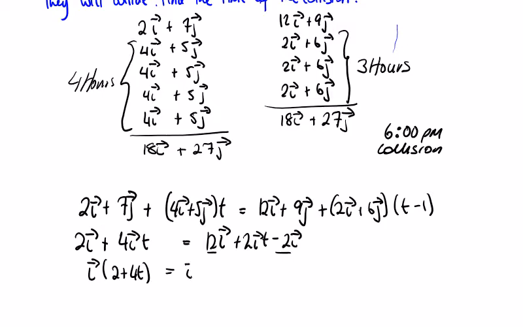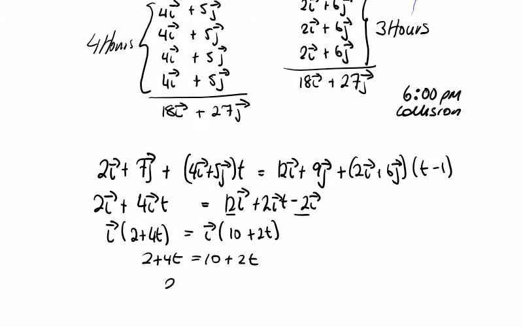So we're going to have i by 10 plus 2t, and for these to be equal, 2 plus 4t would have to be equal to 10 plus 2t. So 2t will be equal to 8. So t again would be 4. So 2 p.m. plus 4 hours is equal to 6 p.m.